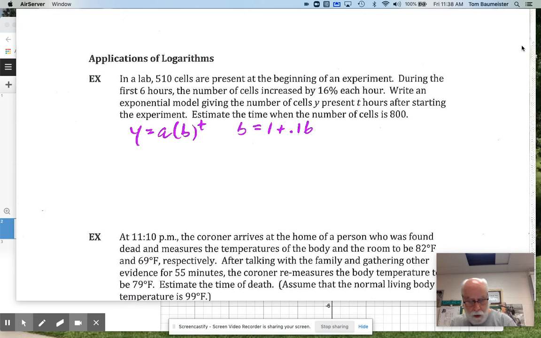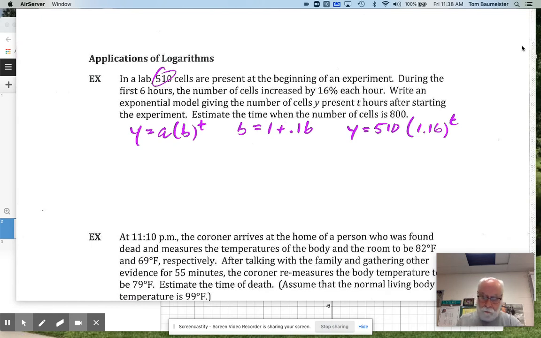Okay? So if that's the case, then I can write my equation as y is equal to our initial amount is 510, and 1 plus 0.16 is 1.16, and we're going to raise that to the t power.